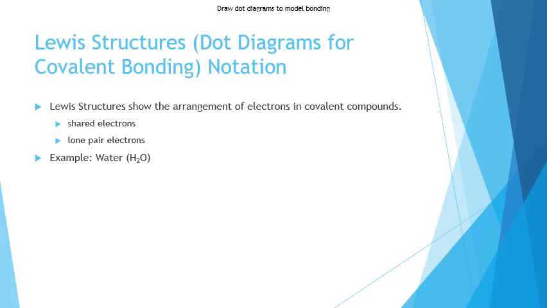So here is an example of a simple Lewis structure, or dot diagram, for water, H2O. Notice we have the two hydrogen atoms and the one oxygen atom. And then the lines that we see here between the hydrogen and oxygen, each line in a Lewis structure represents a shared pair of electrons. Note, it's a shared pair, so each line is 2 electrons.